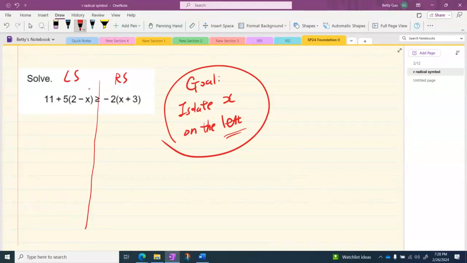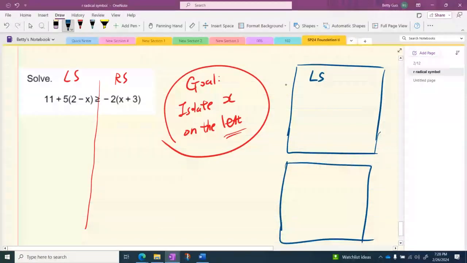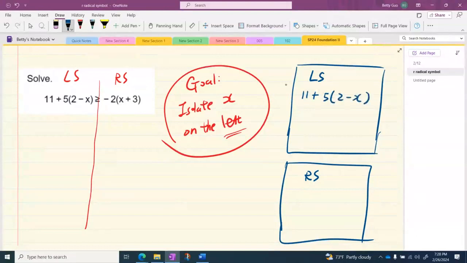Okay. So if this was an equation, what should we do? We should simplify the left side and the right side first. Let's do that in the two boxes. I'm going to simplify the left side here and the right side here. Let me copy the entire left side: 11 plus 5 times parentheses 2 minus x.